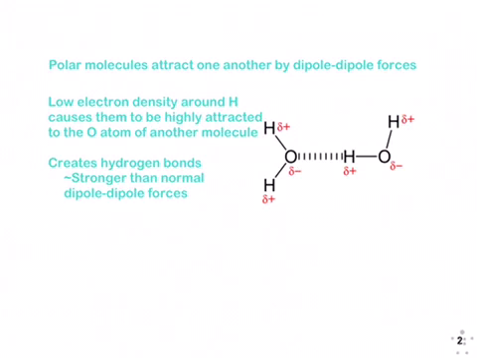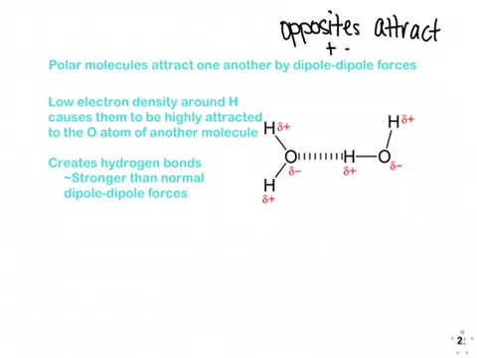So, polar molecules have the ability to attract one another because of dipole-dipole forces. Remember, dipole-dipole forces is a fancy way of saying opposites attract. So that would be the positives attracting the negatives.